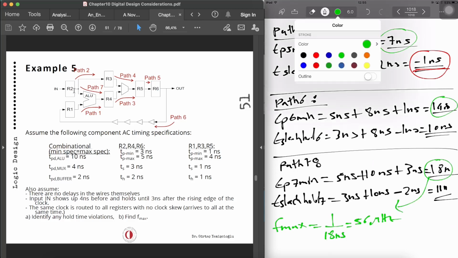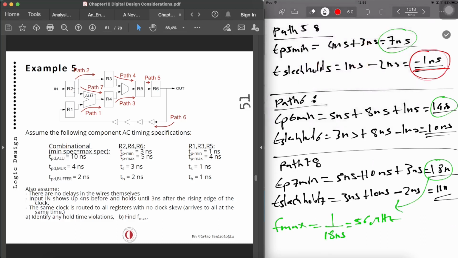Now, for the failure, as it is a 1 nanosecond failure, path 5 hold time needs to be fixed in this case. As we have got plenty of setup slack, which is 7 nanoseconds, we can actually add a buffer, just one buffer between the two flip-flops.